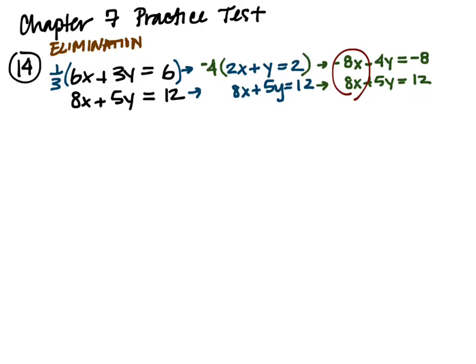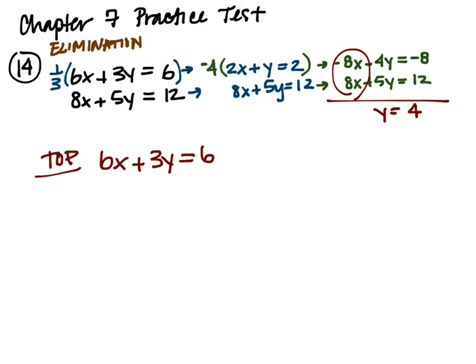When I go ahead and add these two terms together, I find that y is equal to a +4. That's going to allow me to go to either one of these equations, so I'm going to choose the top just because I can. It's a preference, not a need. So where I see the y, I can plug in a 4.